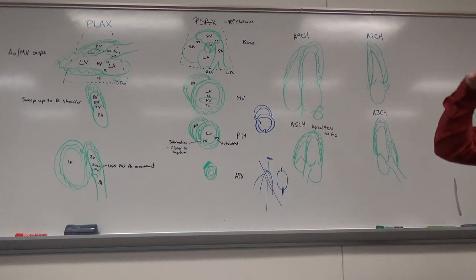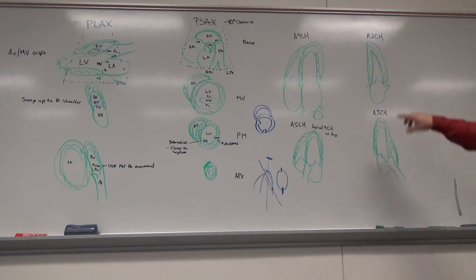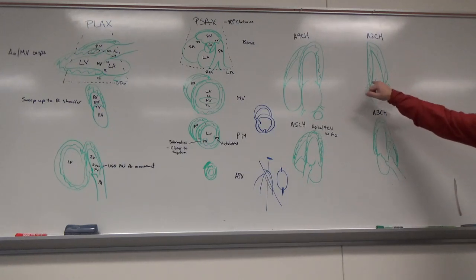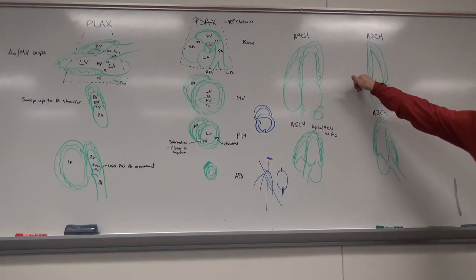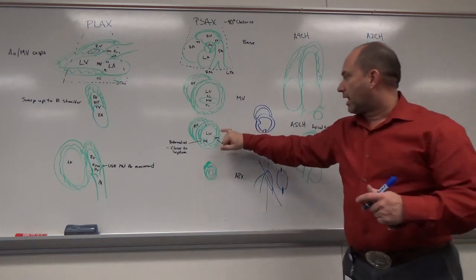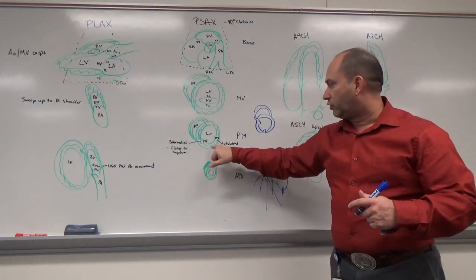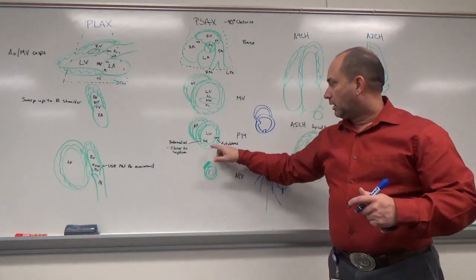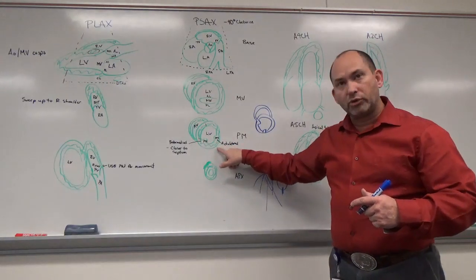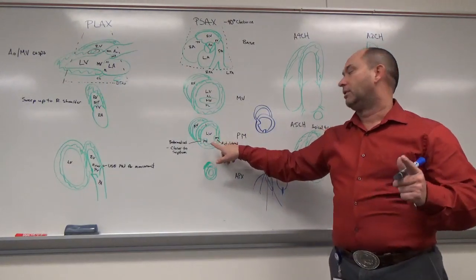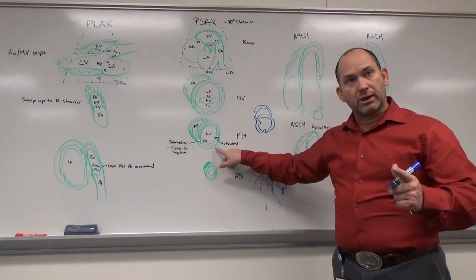So pretty much you have a straight up anterior wall, which is what you see on two chamber, and an inferior wall, which is what you see on two chamber. If I'm in short axis, this is the anterior, this is the inferior. This used to be posterior over here. Instead, this is now inferolateral.